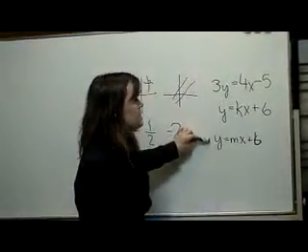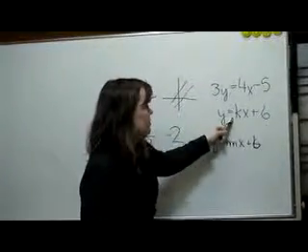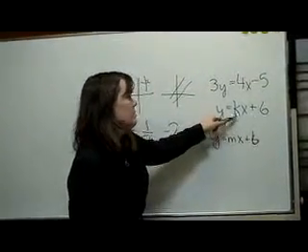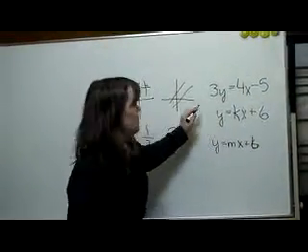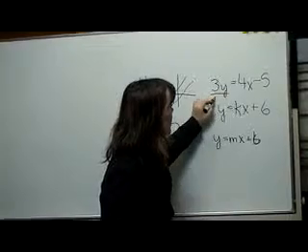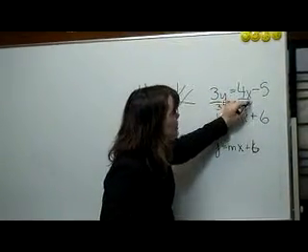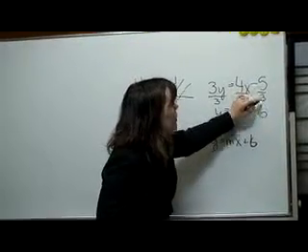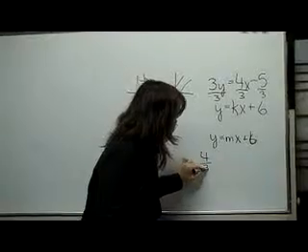This equation is not in this form, and we need to know the slope of this line, which is k. So we have to figure out what the slope of this line is. So we are going to divide each side by 3. So the slope of this line is 4 over 3.